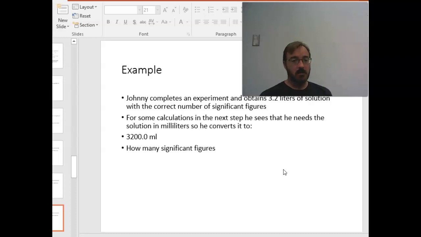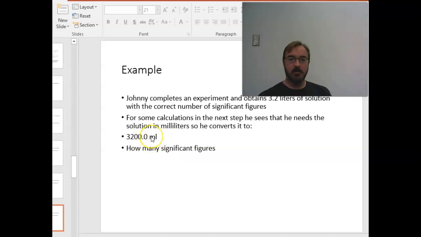Well, poor Johnny, he has accidentally just kept this decimal place in here rather than going to scientific notation. How is he going to write this with proper sig figs without it being ambiguous unless he goes to scientific notation? Right? It's going to be a problem for him and for you, right?